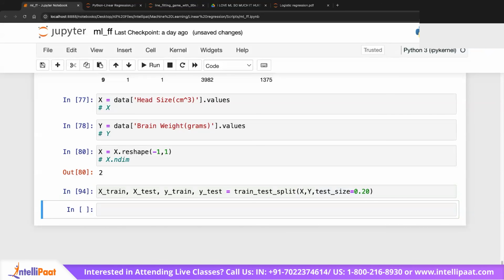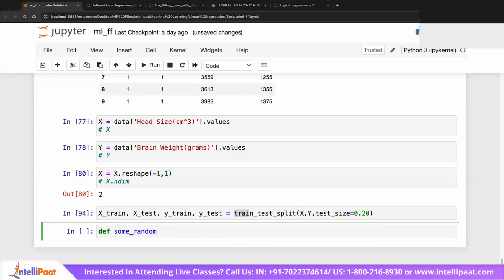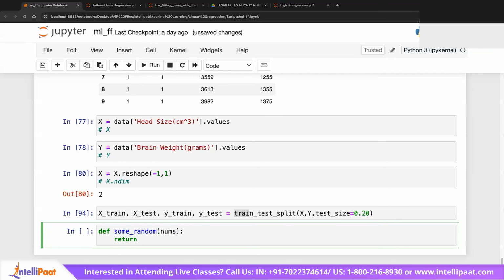Done. Now you want to implement logistic regression. Okay, some random function of nums, return nums. Okay, some random of 1, 2, 3, 4, 5, 6.